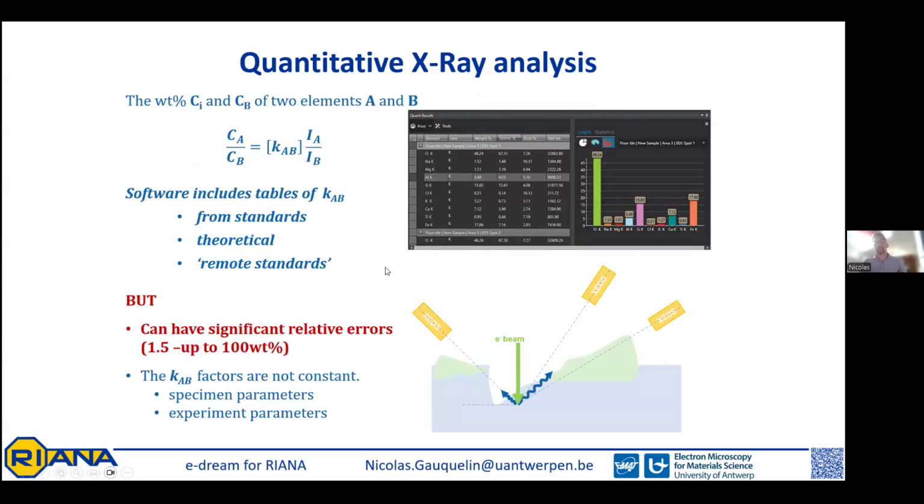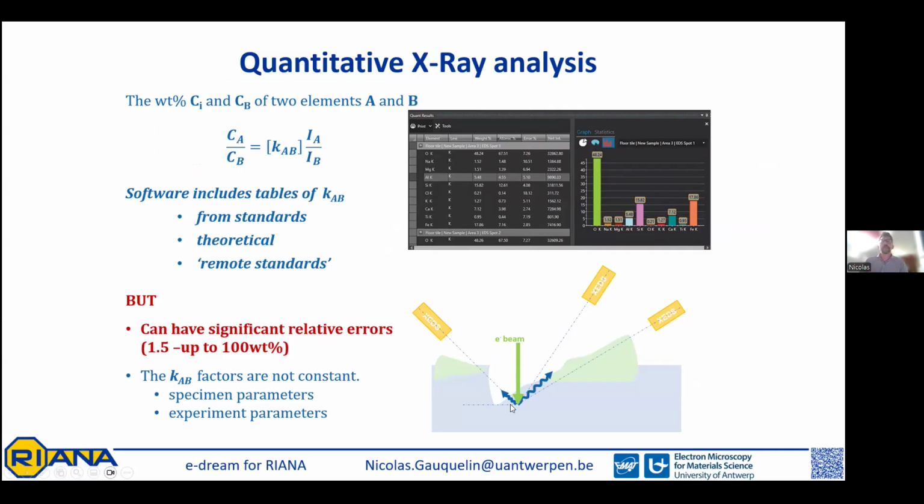So, can you get quantified results from EDX? Like composition, yes, you can. Most modern software includes tables of k-factors. So the k-factors, which are from standards, which are theoretical, or from remote standards.